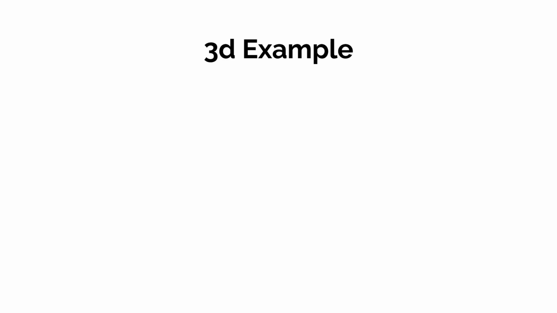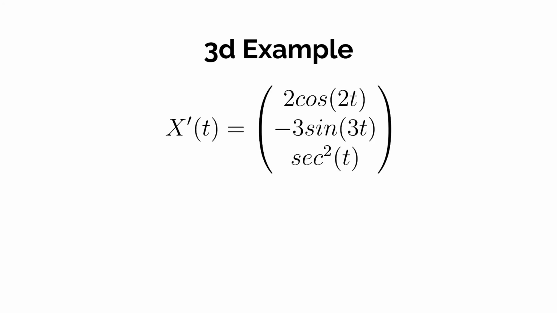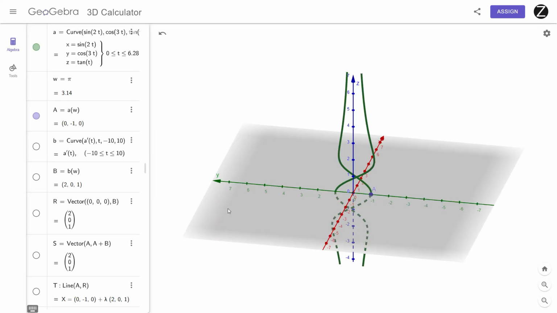Now that we know its location, let's find out what direction it's going in at that particular moment. So like before, let's determine what the derivative function is. The derivative function in this case would be 2 cosine of 2t, -3 sine of 3t, and secant squared of t. So let's plot that curve right now.